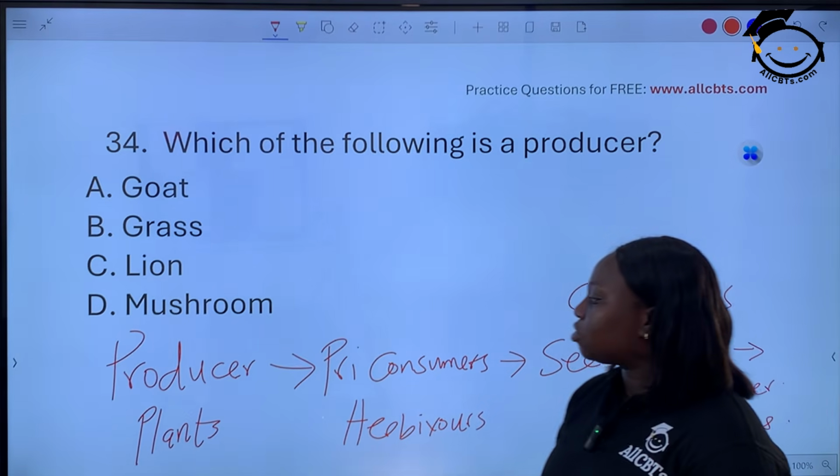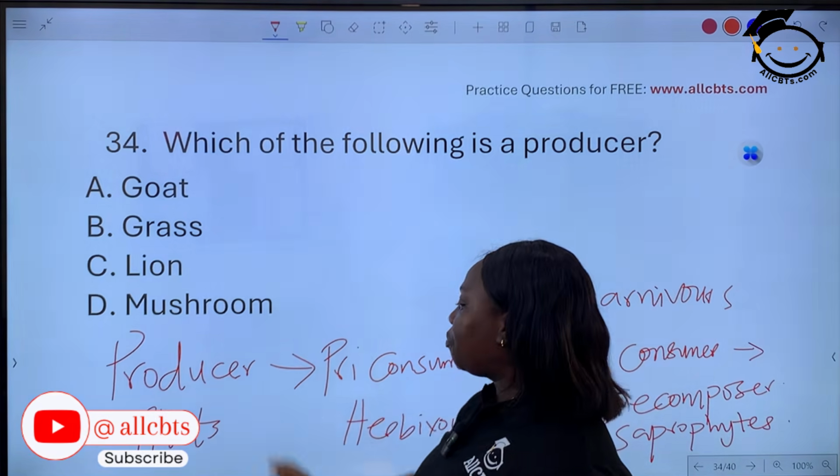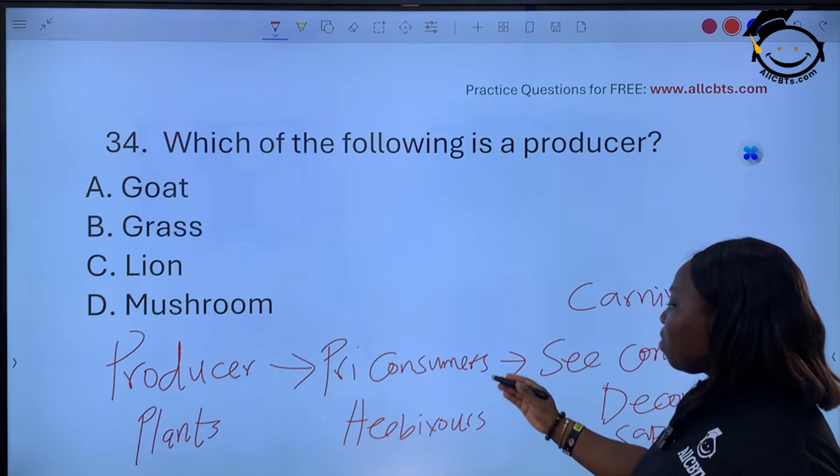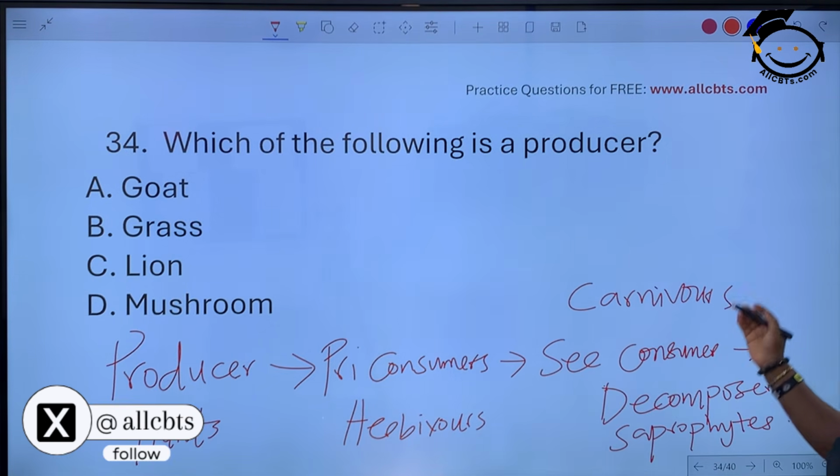So with what we have seen here, the producers are the plants, the primary consumers are the herbivores, secondary consumers are the carnivores, the decomposers are the saprophytes.